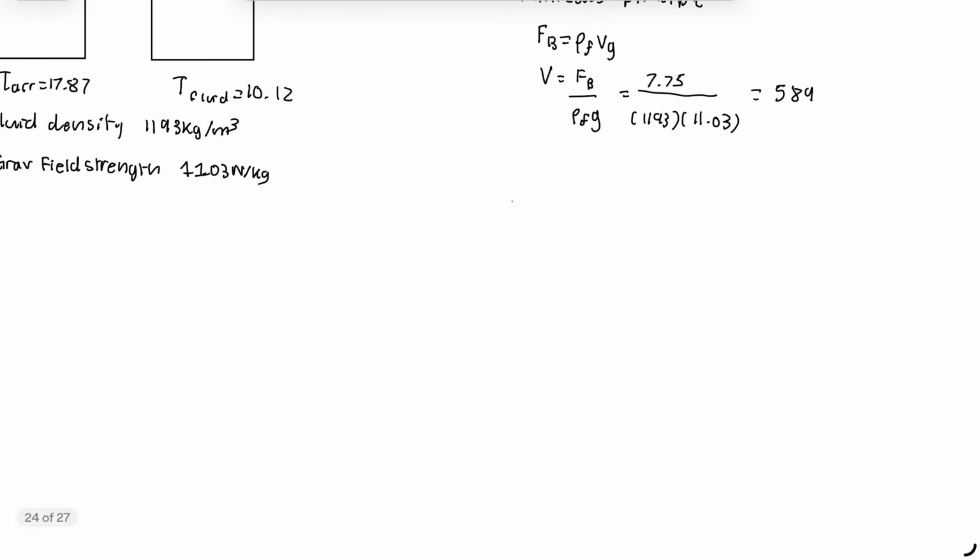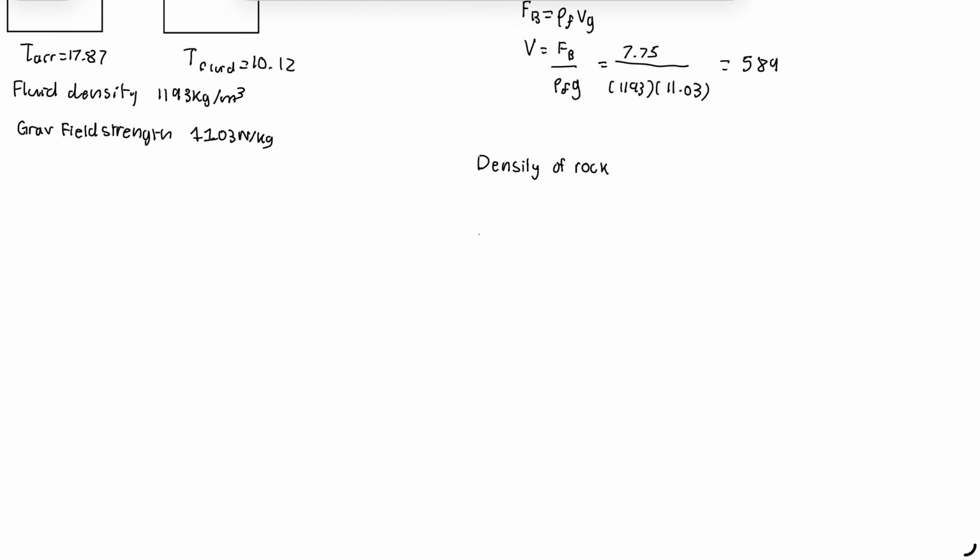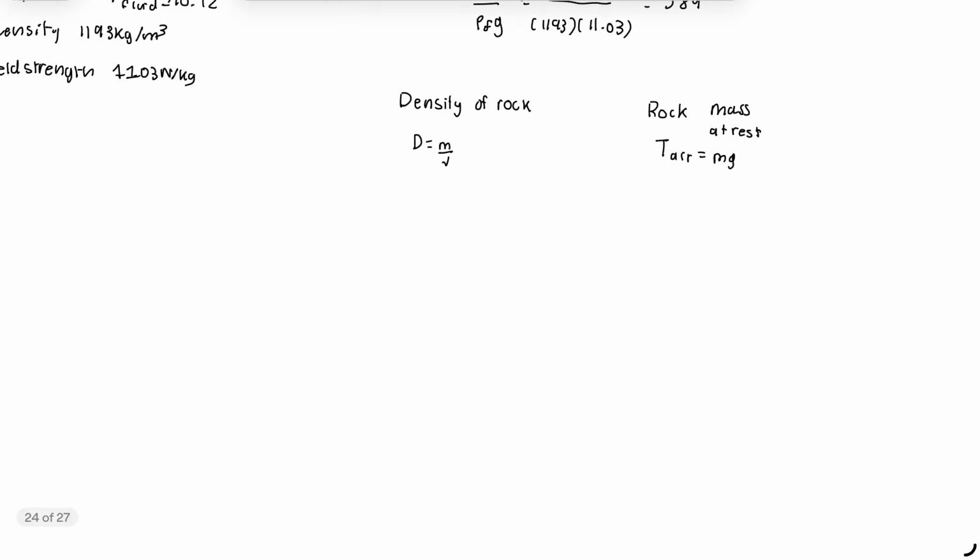Now let's also find what the density of the rock is. So first we can find what the rock's mass is to get our density, because density is equal to mass over volume. So for our rock mass, you're going to use the fact that since the rock is hanging at rest in the air, we can say that the tension in the air is equal to the weight.